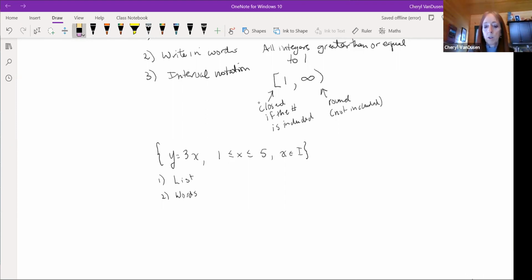So what this is saying is we're going to put the number 1 into our little expression. We're going to take this little expression y equals 3x, and we're going to put 1 in. So we're going to get 3 times 1 is 3. And then our second term is 3 times 2 is 6, and so on, up until we put a 5 in.